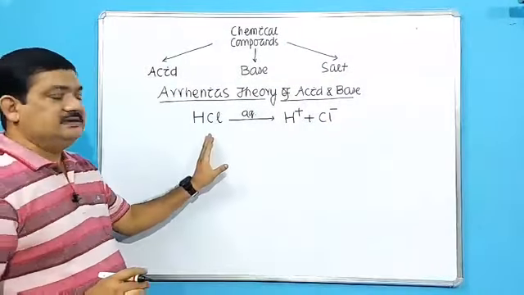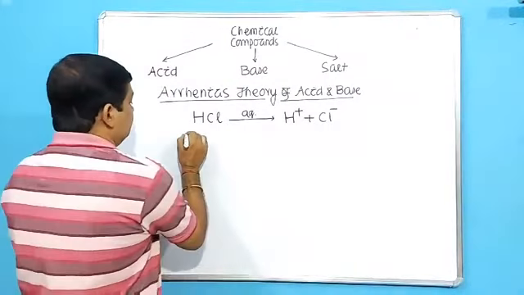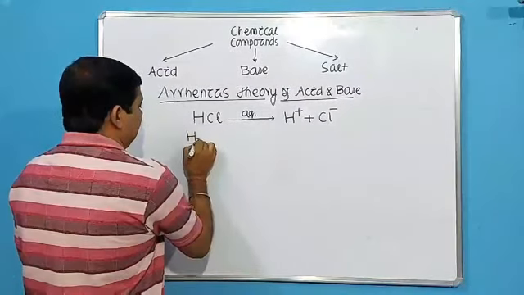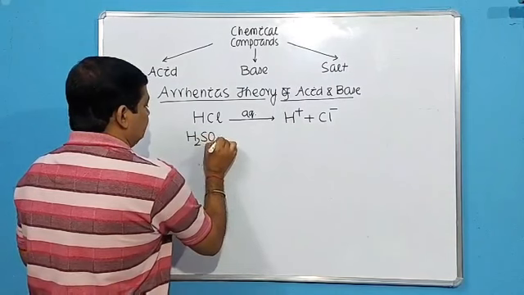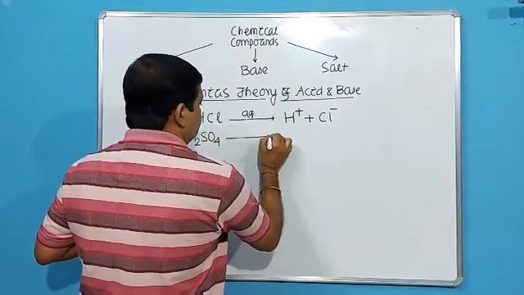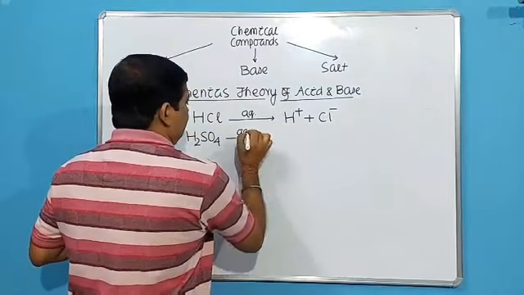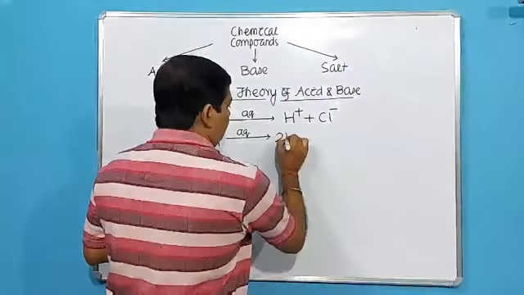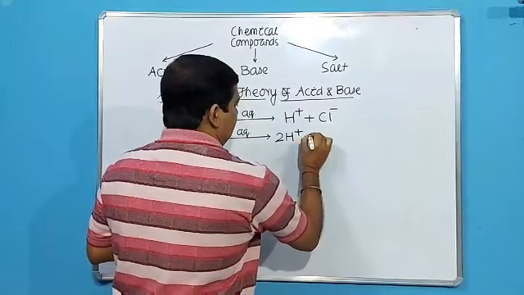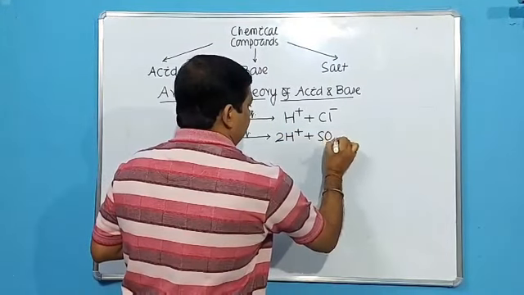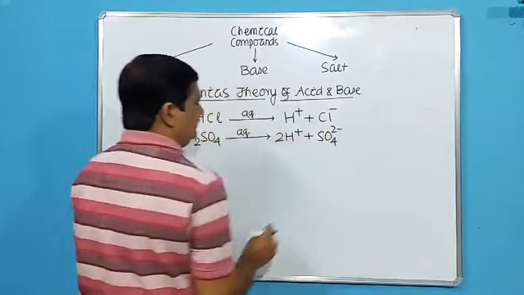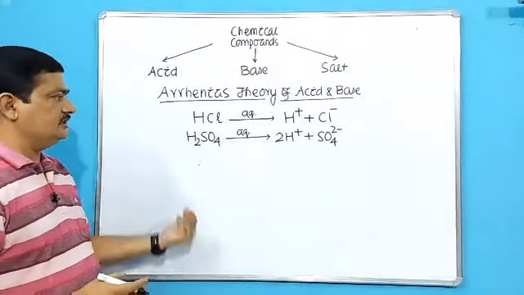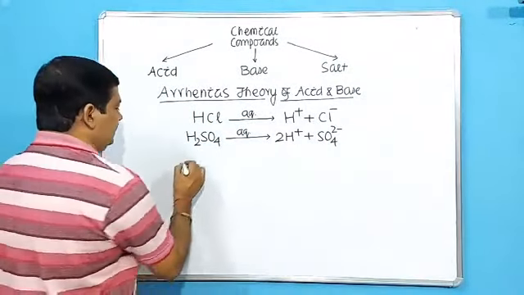Then sulfuric acid is also an acid, because in its aqueous solution it also ionizes to give you 2H plus and sulfate, SO4 2 minus. So H2SO4 is also an acid.